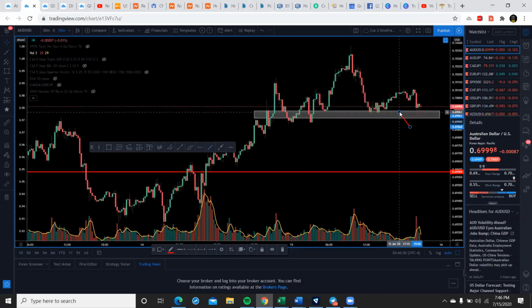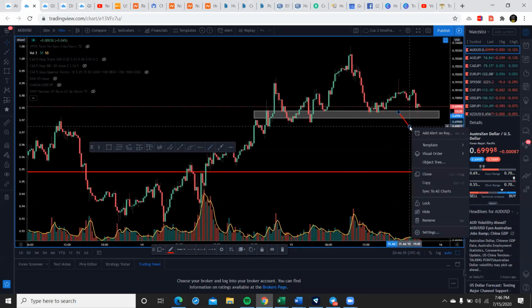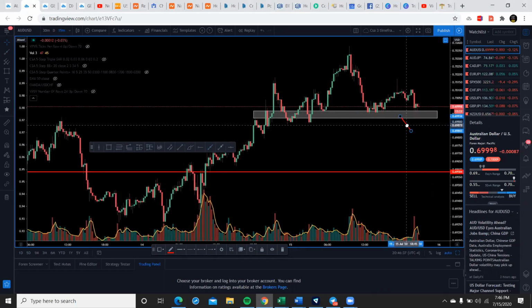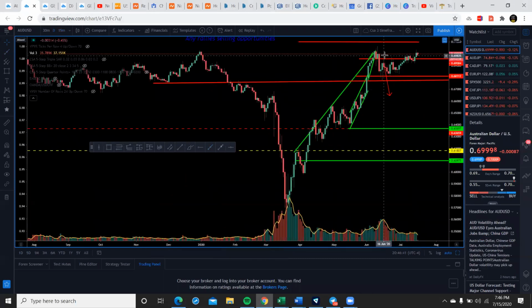If you guys ever see a round number, just know there's going to be some type of reaction in the market. For this example, the round number is the 70 level, and it just played off it. Every time we get to this 70 level, they're rejecting. So that's the big boys coming in, playing those round numbers and psychological levels.